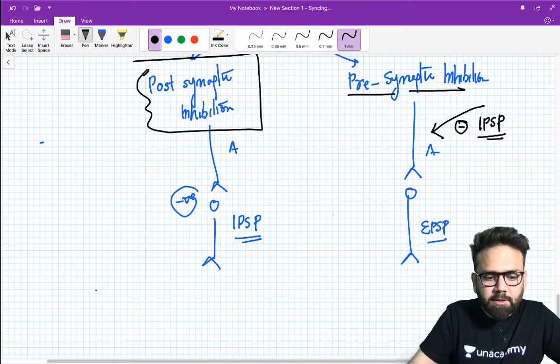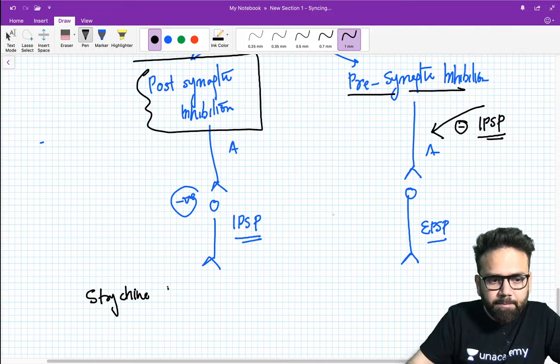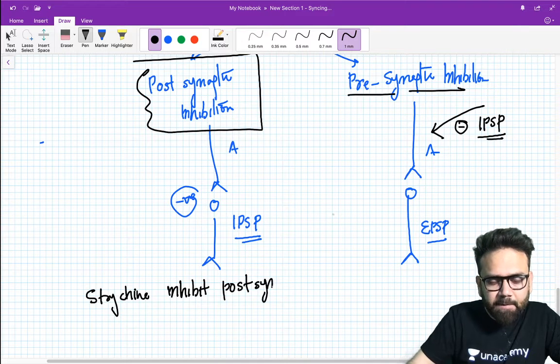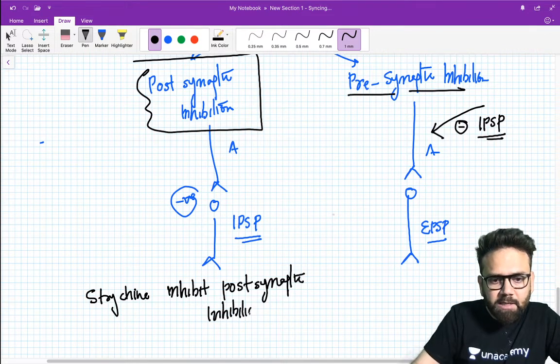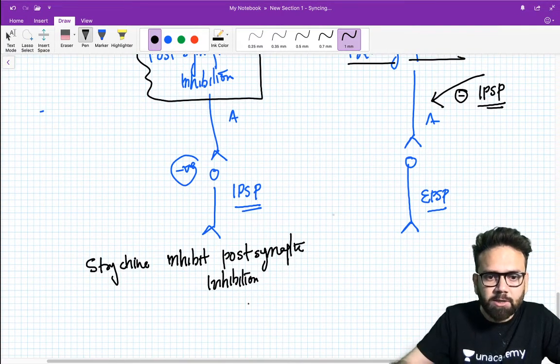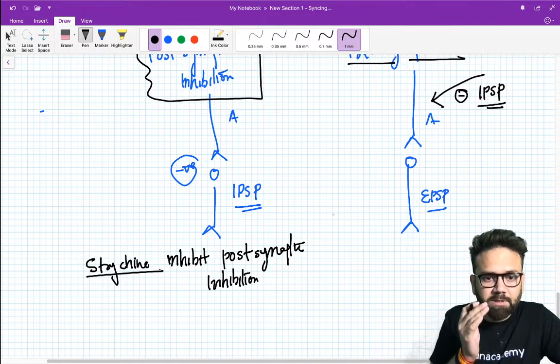Strychnine. Yesterday someone was asking about strychnine. Strychnine inhibits postsynaptic inhibition. Remember, strychnine is working differently, tetanospasmin is working differently. I will discuss all three. All are doing the same action, but the mechanism is different.